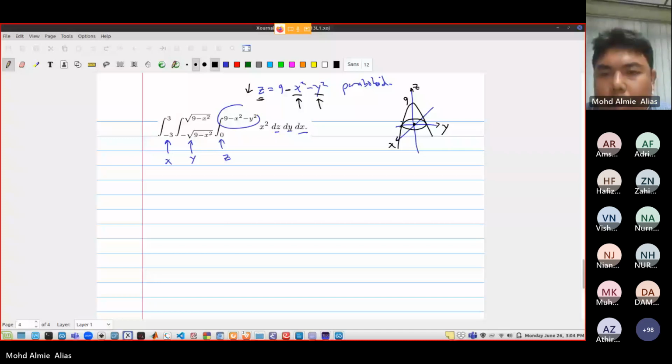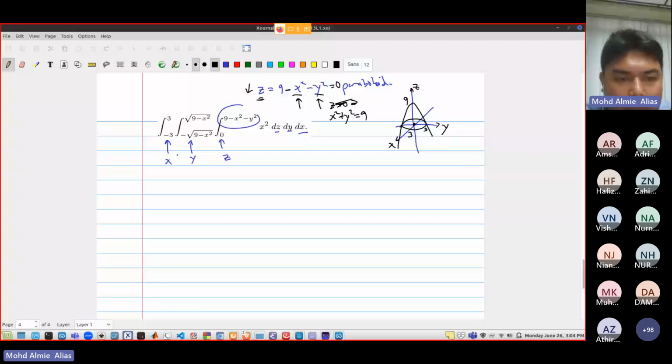So when z equals 0, which means you equate this with 0, then you get x squared plus y squared equals 9. So it's a circle with radius 3. This is the sketch of this equation, this z here, and now you have y.